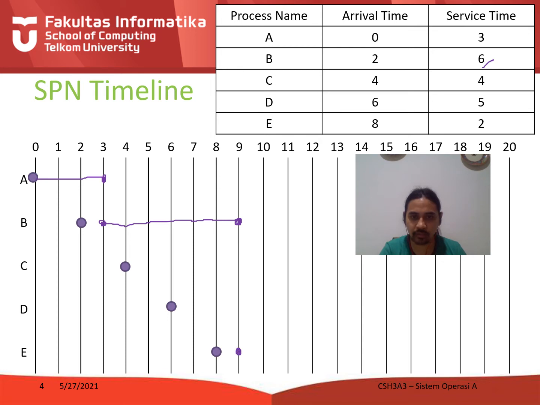So it's a different story with FCFS and SPN. E goes until 11.